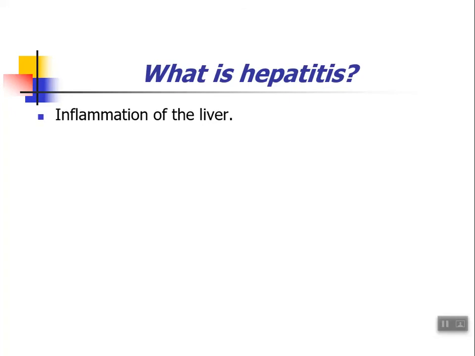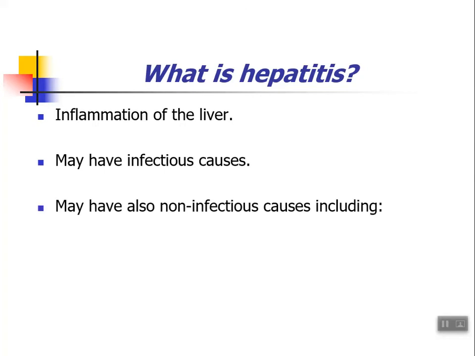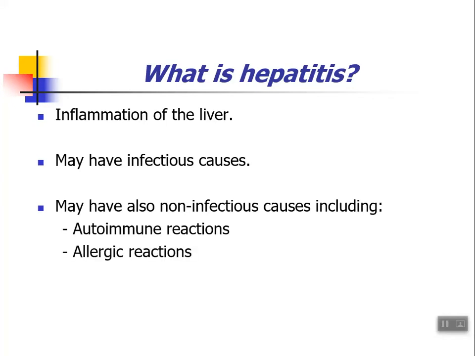What's hepatitis? It is inflammation of the liver, may have infectious and non-infectious causes. The non-infectious causes include autoimmune reaction, allergic, drugs, obesity, heavy drinking.